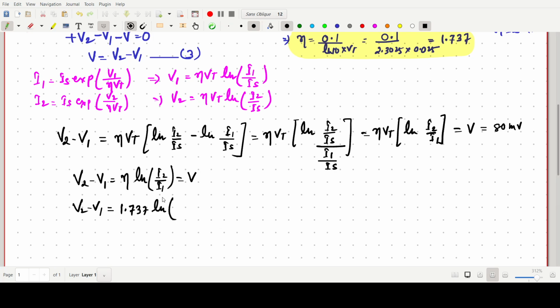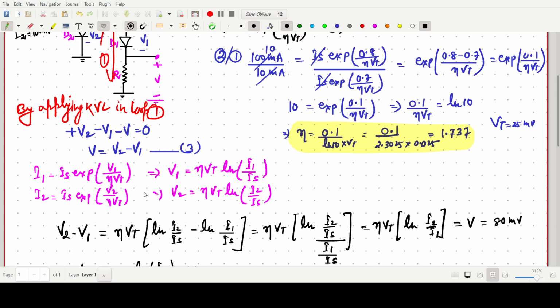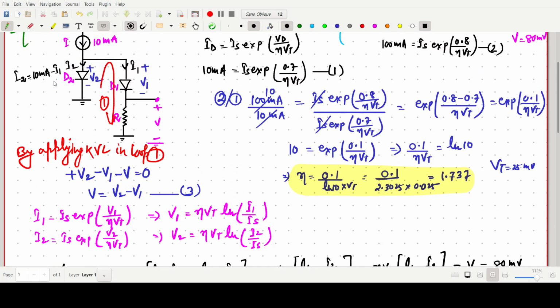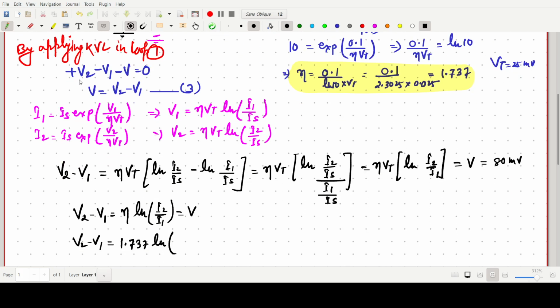What is the value of I2? I2 is 10 milliampere minus I1. 10 milliampere, I1 is going, so it should be 10 milliampere minus I1.